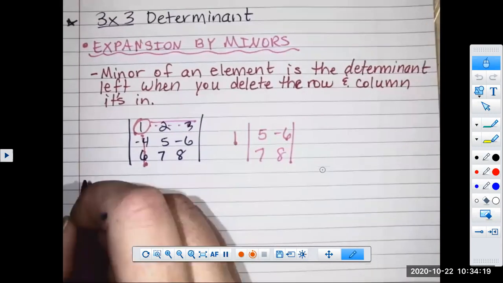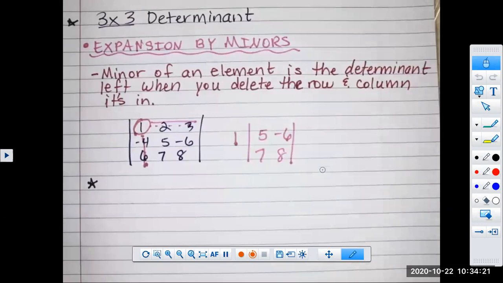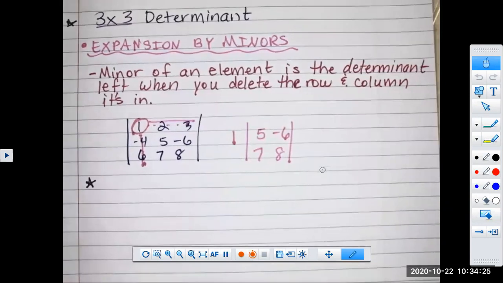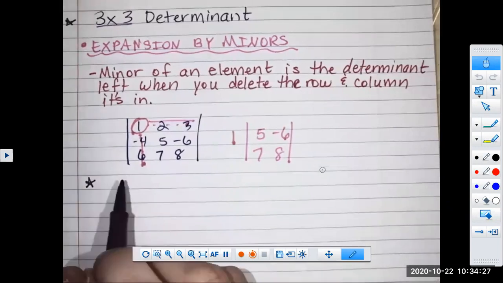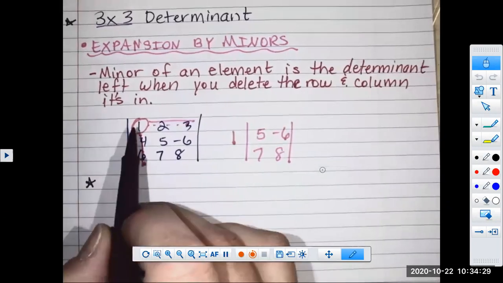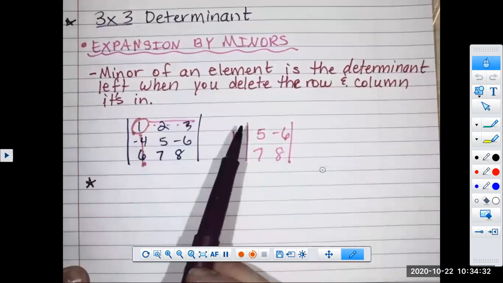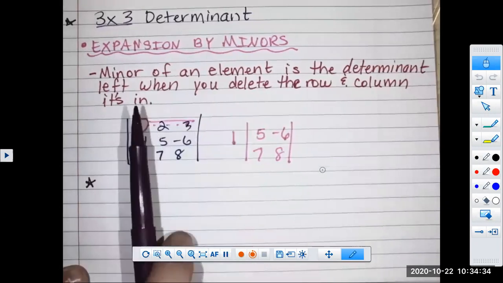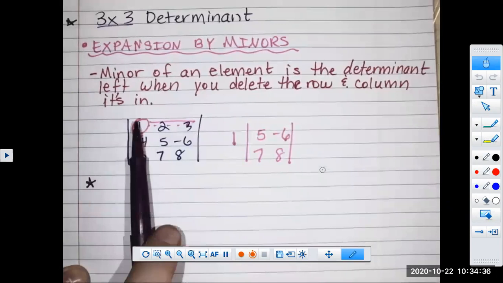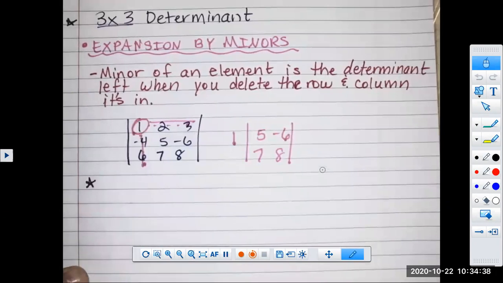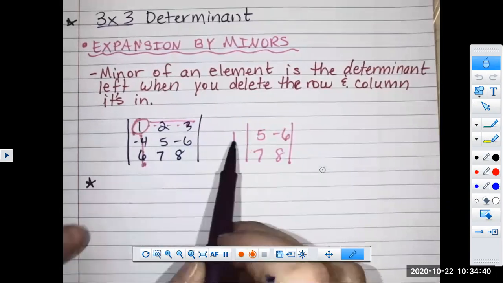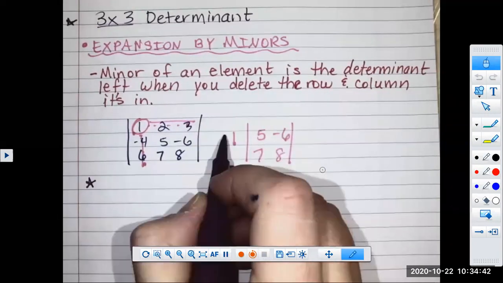What you have to be mindful of, that's very confusing, still kind of throws me off to this day, whenever you're figuring out the minor of any element, and we're going to use rows. You can work in the first row, second row, or third row, does not matter. 1, the sign in front of 1 is going to be positive.